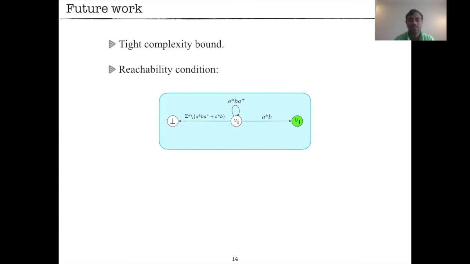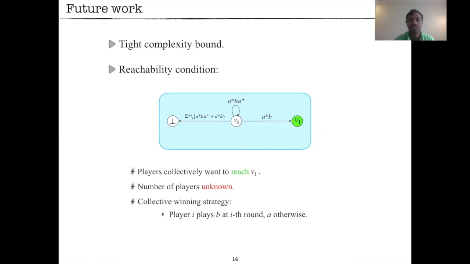For example, in this picture, the game starts at V0 and the coalition can win if they can reach the vertex V1, whatever the number of players is. They can reach the vertex V1 only if the last player plays B. Now they do not know how many players there are, but they still have a winning strategy in this particular example, that is, player i plays B at the i-th round and plays A otherwise.